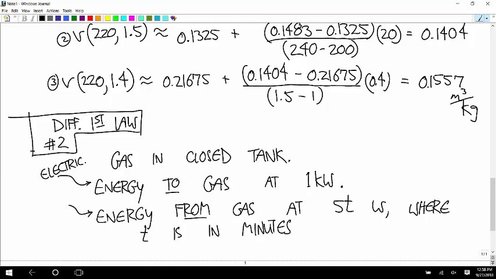And this is heat energy. When you're talking about electric energy, that's considered work.